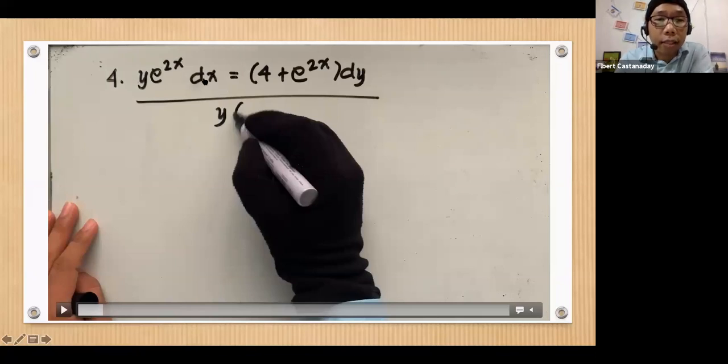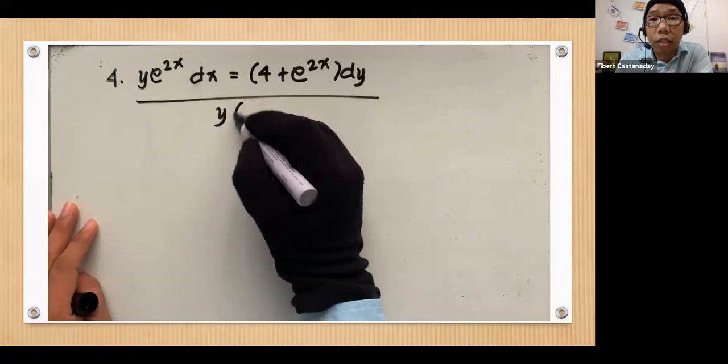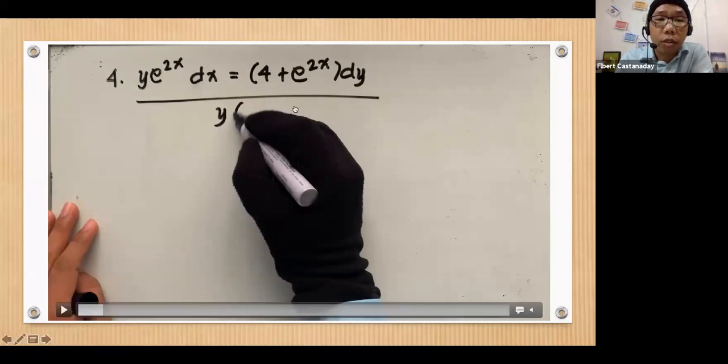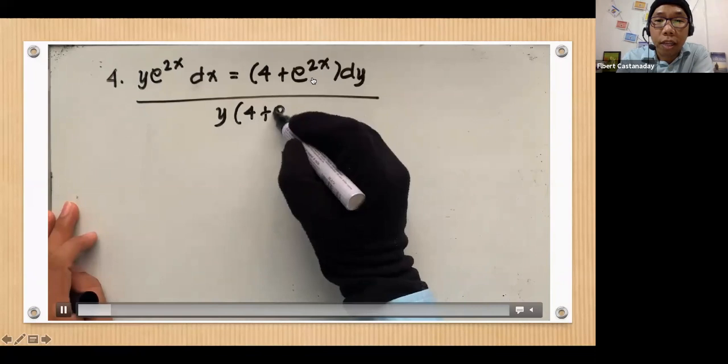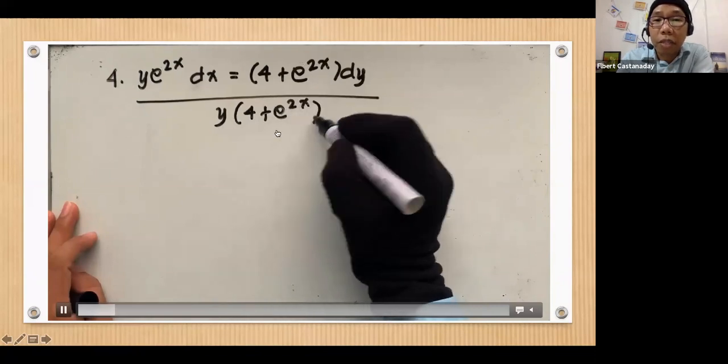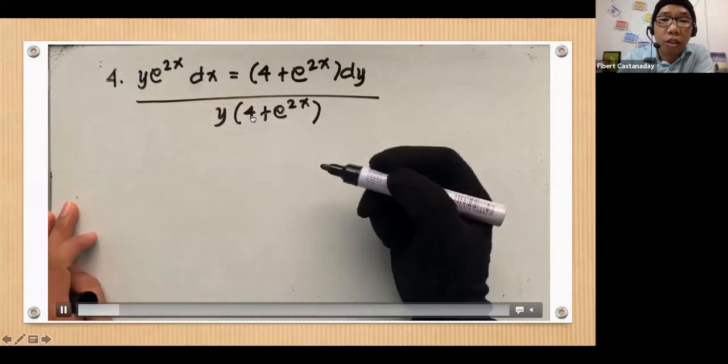So dx should contain only the variable x, or a function of x alone, and dy should contain coefficients that are functions of y alone. So what we will do is divide both sides by y to remove y on the left, and on the right-hand side, to remove 4 plus e raised to 2x, divide both sides by this function.